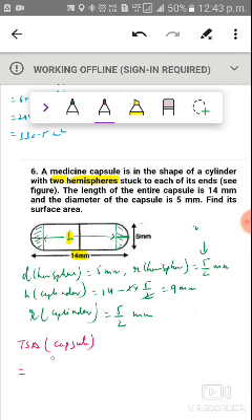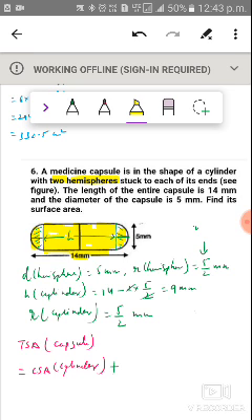the CSA of the cylinder, right? So that portion is here, the CSA of cylinder, and plus what we are having, two hemispheres, one at this end and the other one at the other end, right?